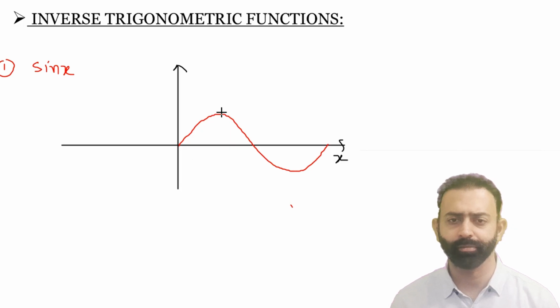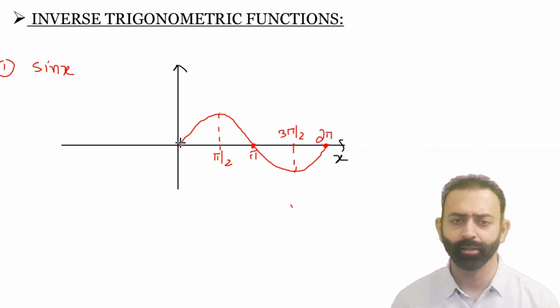In the positive direction, this value is pi by 2, this value is pi, this is 3 pi by 2, and this is 2 pi. And in the negative direction it will go like this, right? Something like this. This value is -pi by 2, and this is -pi.